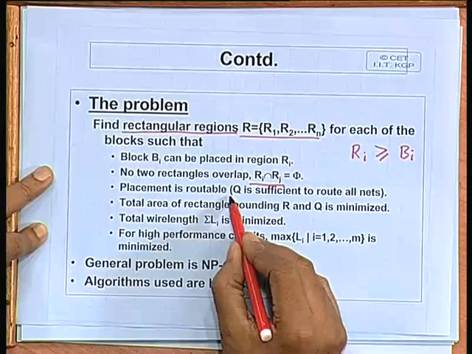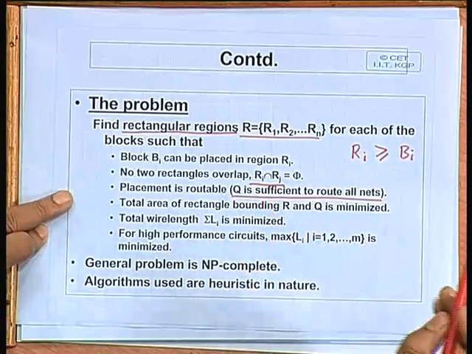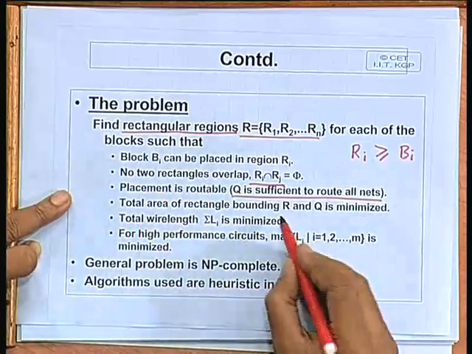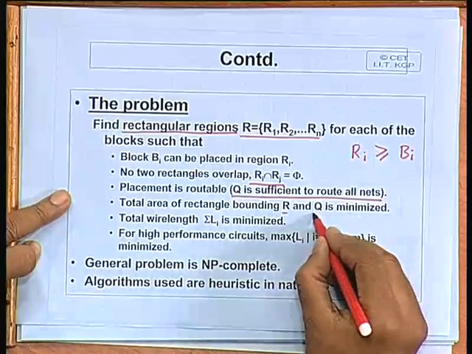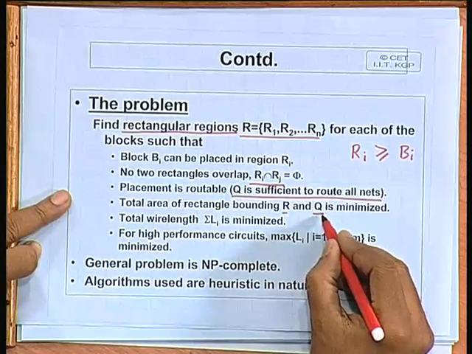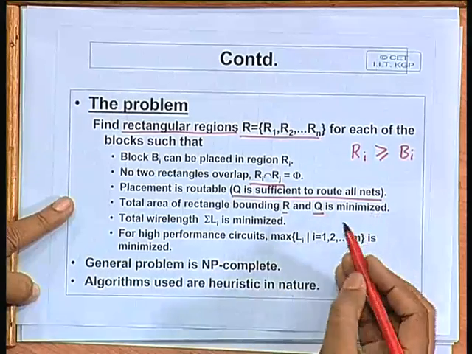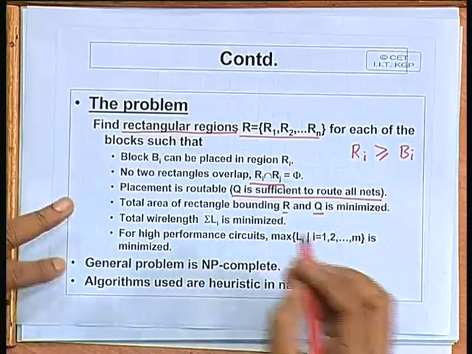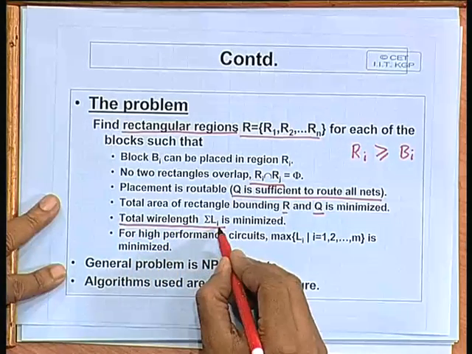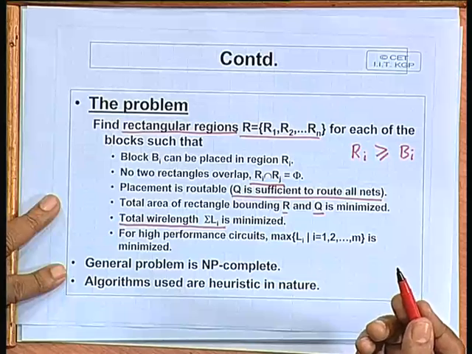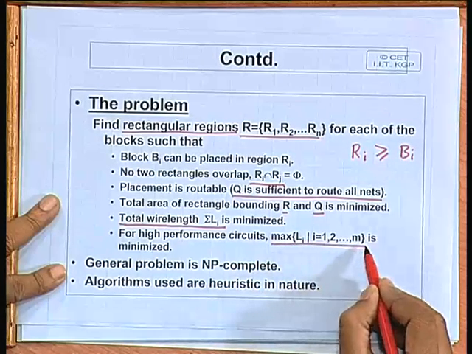Placement is routable. So, the rectangular empty spaces which are available, they are sufficient for routing. The total bounding area of R and Q, where R represents the place we are putting the modules and Q represents the space which is kept aside for interconnection, the total area is minimized. Now, in some cases, besides the total area, you may want to minimize the total wire length, sigma of Li, or in cases where you want to minimize the critical paths, max of Li may be minimized.